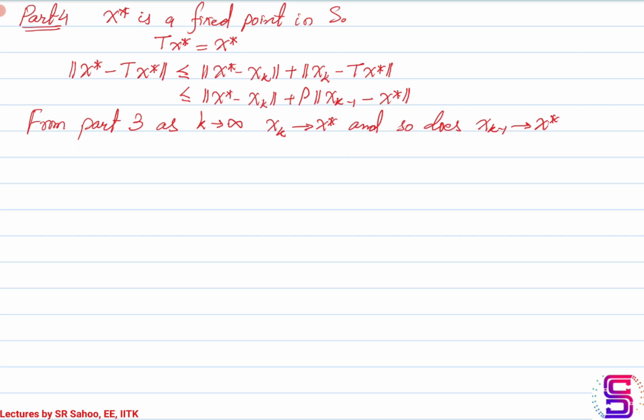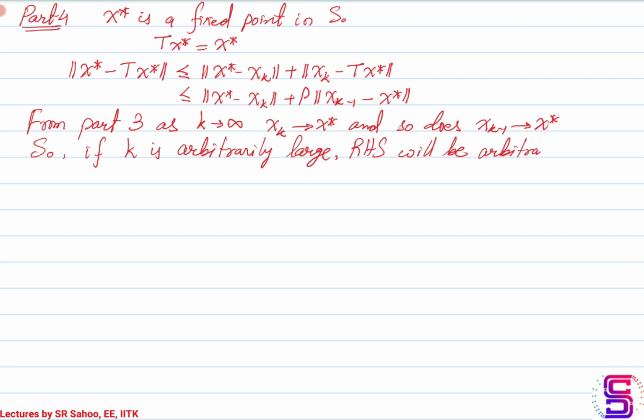So if k is arbitrarily large, the right hand side of the inequality will be arbitrarily small.